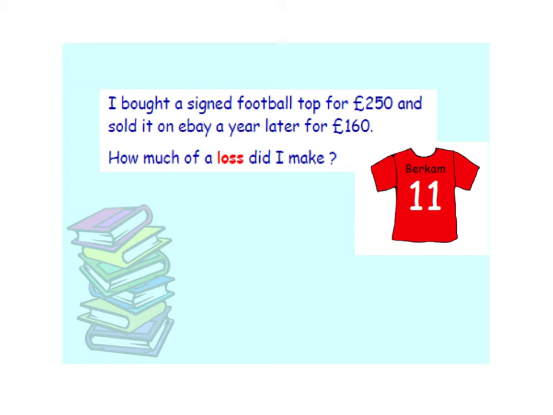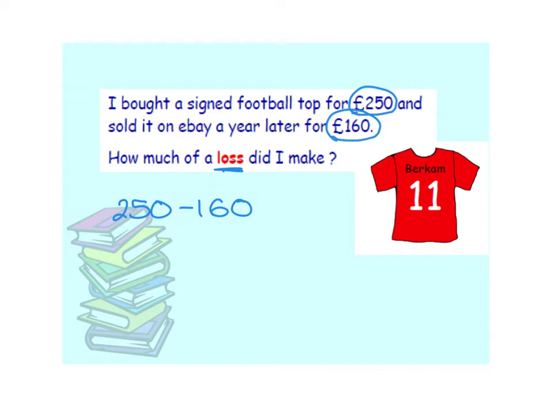So next example, we've got Beckham's t-shirt. I bought a signed football top for £250 and a year later I sold it for £160. So he bought it for £250, but he's only sold it for £160, so he's made a loss. Remember, we do 250, the big number, take away the small one.